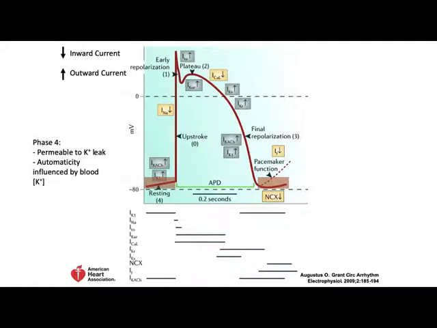Some channels are open. So on the left-hand side, these boxes indicate that potassium is leaking out slowly. And it will leak out, according to the concentration gradient, inside versus outside the cell.